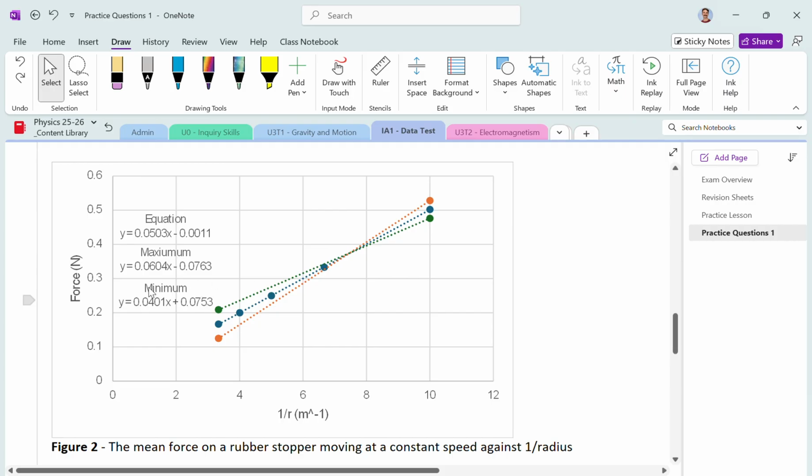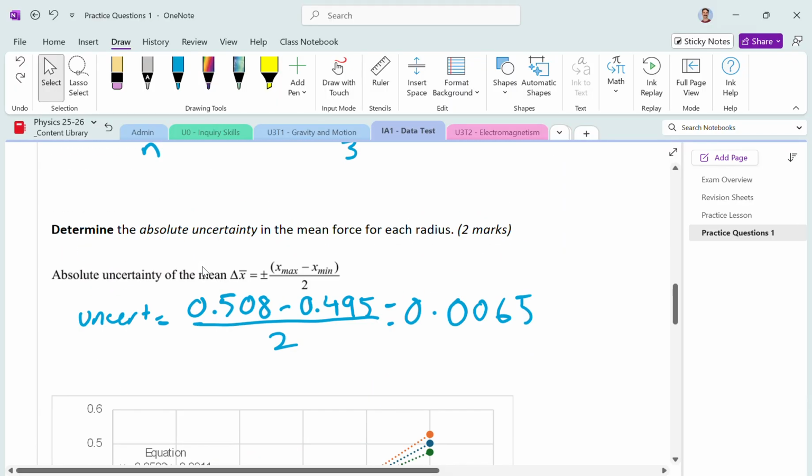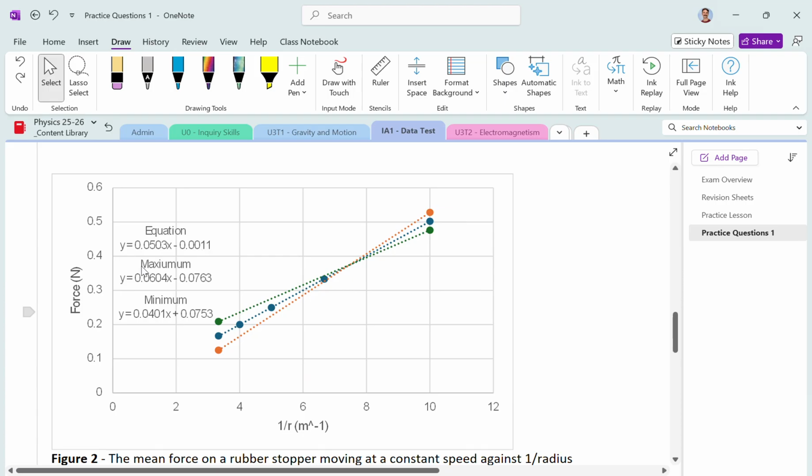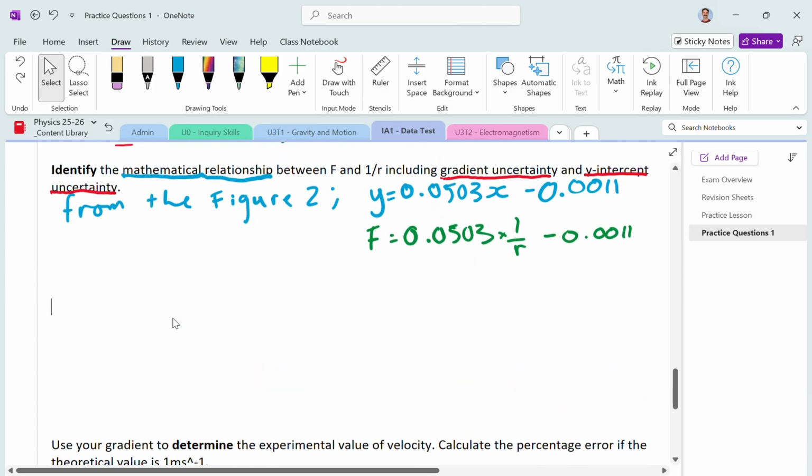Okay, so you could consider this as providing us with our range values. Looking back up here at this equation, when we are finding the absolute uncertainty, it is our max minus our min over 2. In this case, we are given a max and a min, and we are asked to find the uncertainty. That's all we need to do.